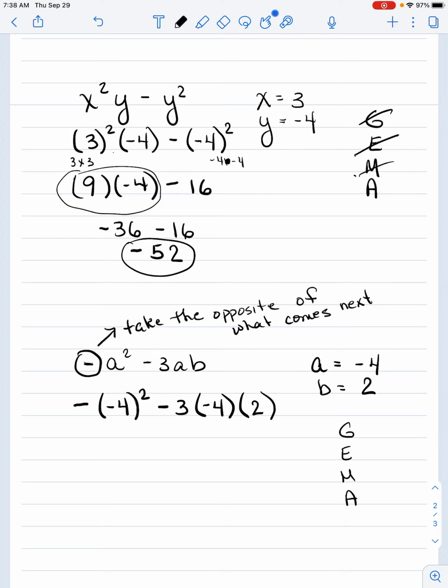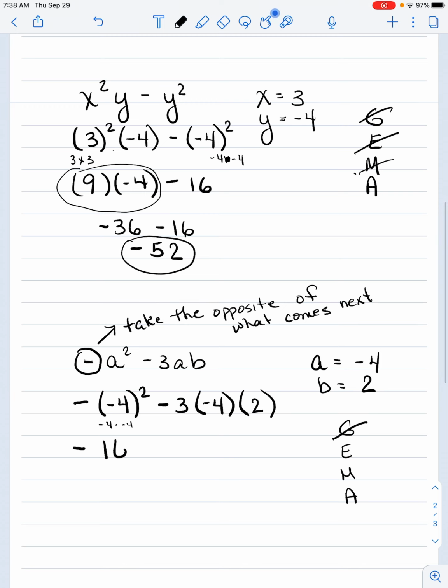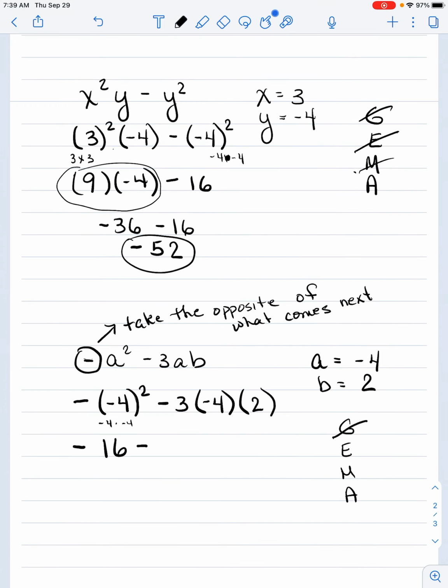Okay, groupings, no. Exponents, yes. So remember, this is take the opposite. We're going to take the opposite of negative 4 squared, so that's negative 4 times negative 4. Negative times a negative, positive. Okay, so we're taking the opposite of positive 16. And then we're subtracting 3 times negative 4.